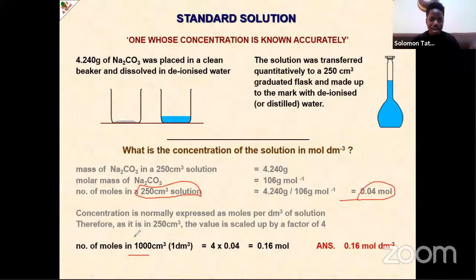Because molarity is contained in 1,000 cubic centimeters. You get 1,000 multiplied by this, divided by 250 cubic centimeters. And when you divide 1,000 by 250, you get 4. This is where the 4 is coming from. You get 4 multiplied by 0.04, which gives you 0.16 mole. So that will be our answer in this case.